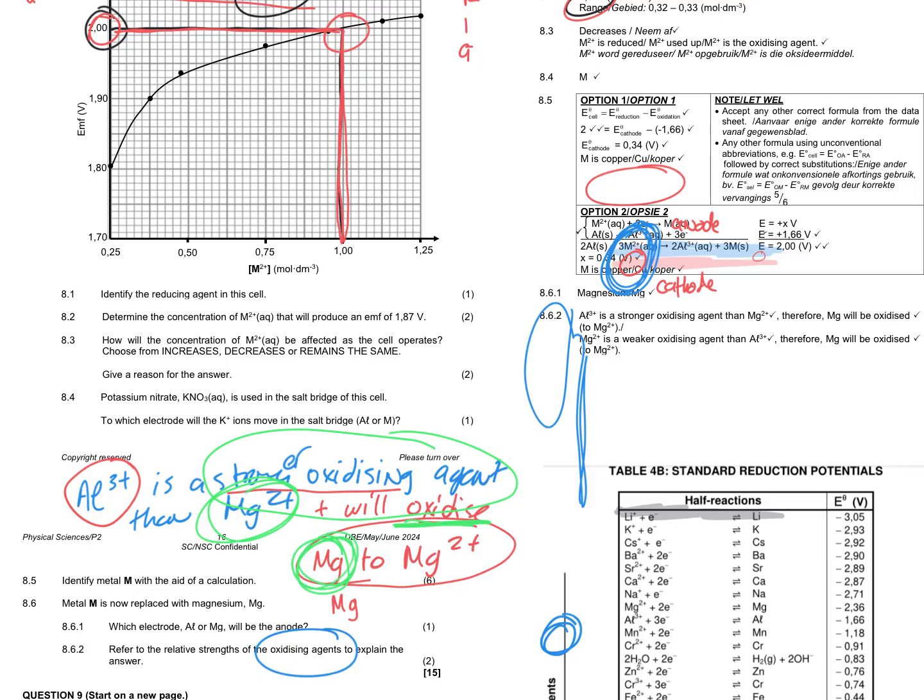So Al3 plus is a stronger oxidizing agent than Mg2 plus, and it will oxidize Mg, which is on the opposite side, because an oxidizing agent makes the other thing get oxidized.